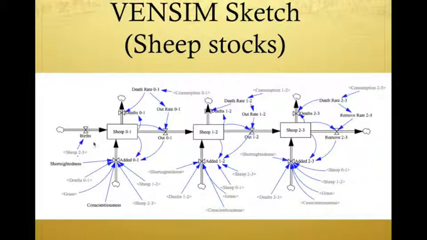So the mature sheep reproduce, and the births go in there. Some die. The deaths of sheep are driven by a death rate, and the death rate is dependent on the consumption of grass. So the consumption of grass has an impact on the death of sheep. The sheep that don't die in the cohort move on to the next one by aging. They age a year, they move on to the next one.